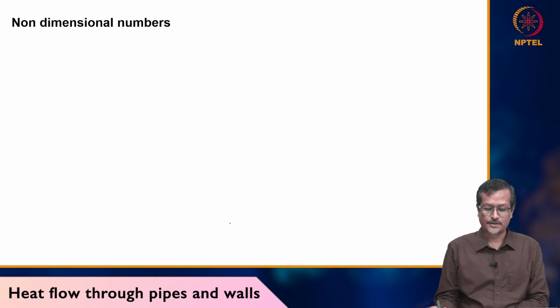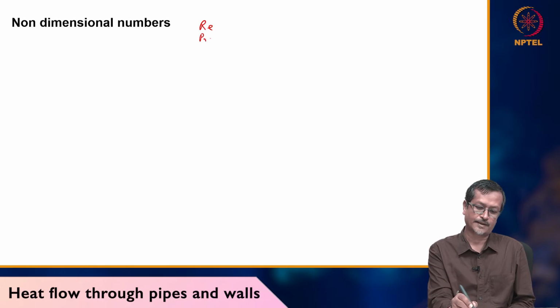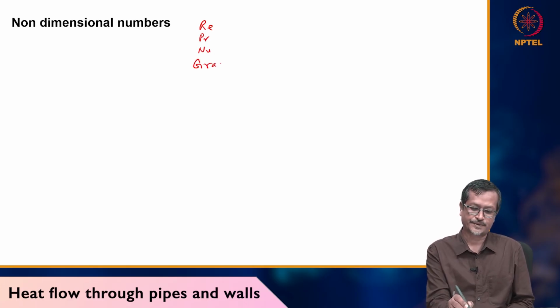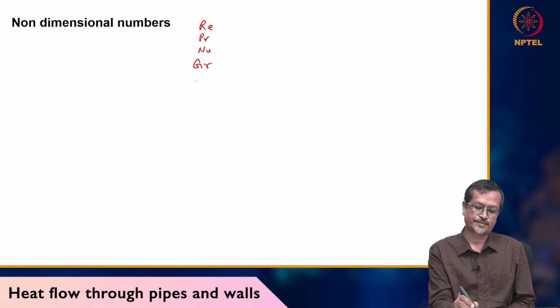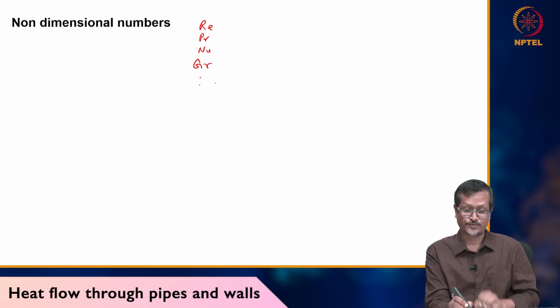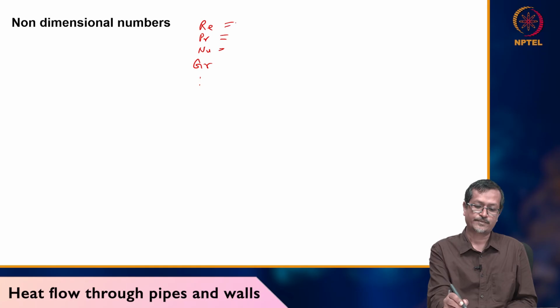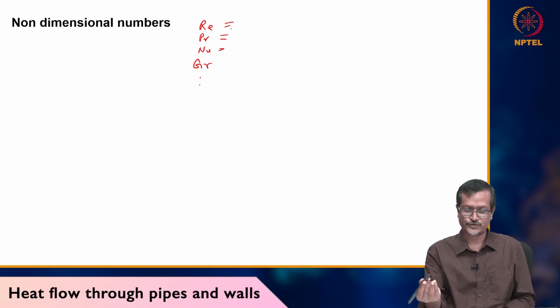Non-dimensional numbers. I already discussed non-dimensional numbers like Reynolds number, Prandtl number, Nusselt number. There are some other numbers like Grashof number, and many others. Basically for our convective heat transfer coefficient, we will be using the Reynolds number, Prandtl number and Nusselt number. Reynolds number is very common for any fluid flow.